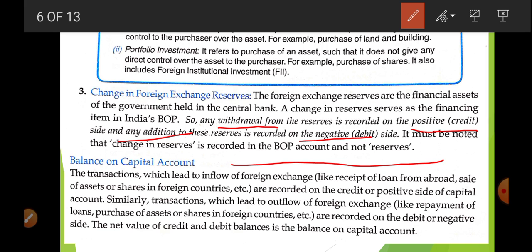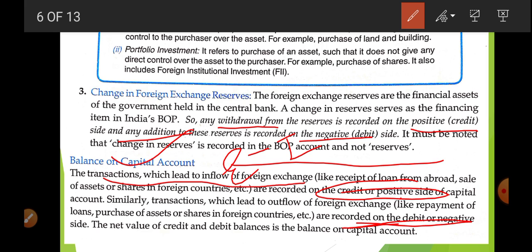Now balance on capital account. The transactions which lead to inflow of foreign exchange are recorded on the credit or positive side. Outflow of foreign currency is going to be recorded on the debit side. So you have to keep in mind, export minus import. So the net value of credit and debit balances is the balance on the capital account.